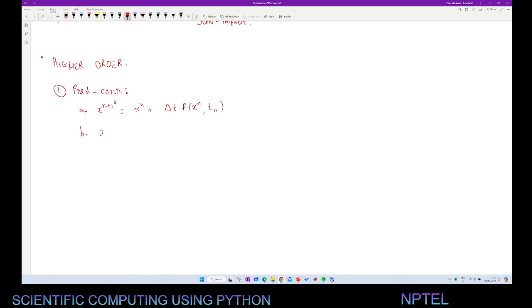So this is the predictor, right? And then the corrector step is that the actual x_{n+1} is x_n plus delta t times f of x_n, t_n, same as before, and f evaluated at this x_{n+1} which we predicted. So first we say that that is x_{n+1}, then we say no, that is not x_{n+1}, but I'll use it to get the correct x_{n+1}.